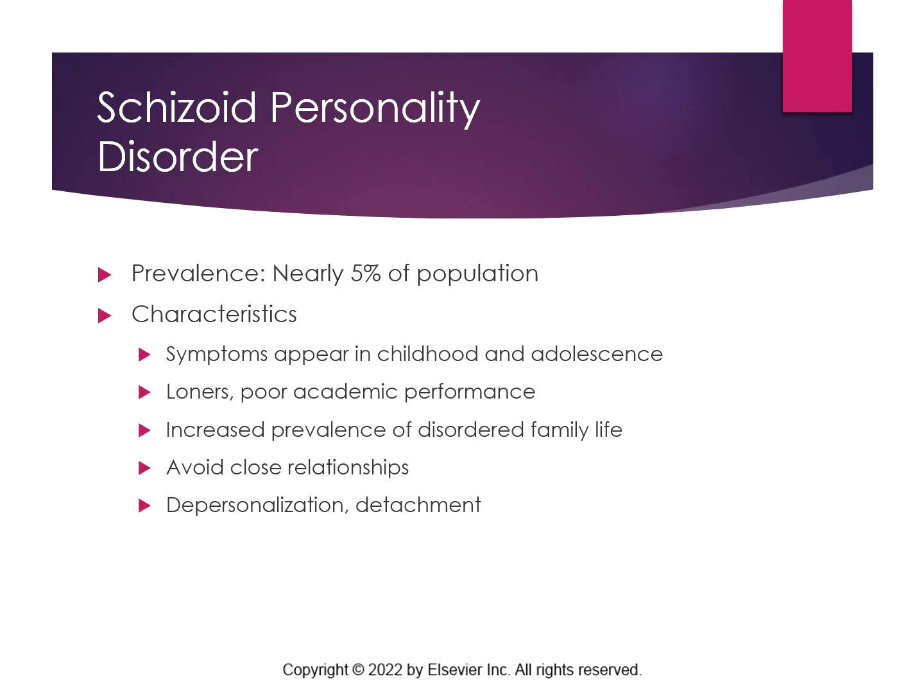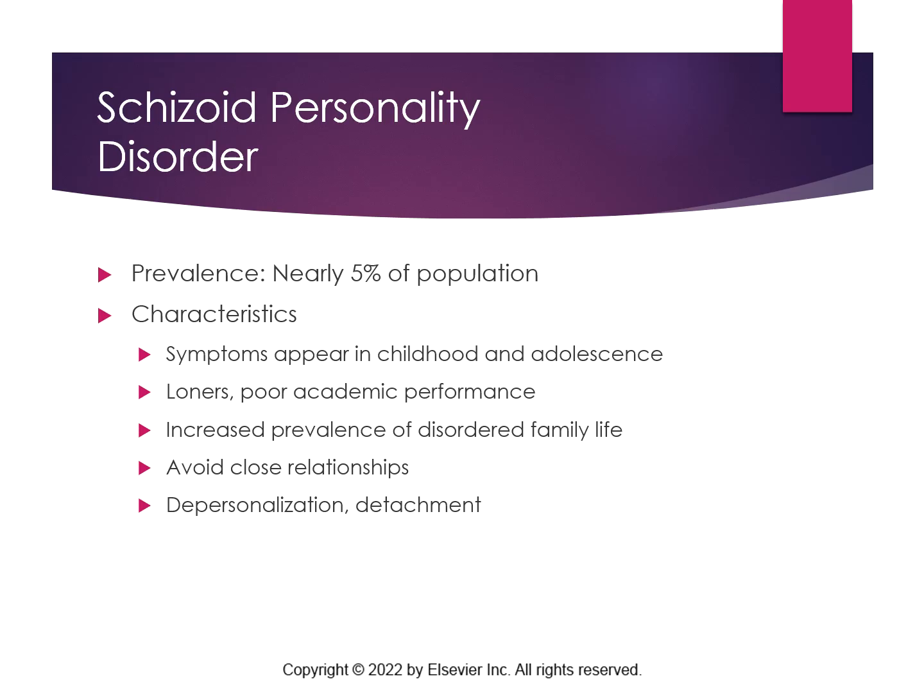The schizoid personality disorder: the prevalence of this disorder is nearly 5% of the population. The characteristics include symptoms that appear in childhood and adolescence. These folks are pretty much loners. They usually have poor academic performance.